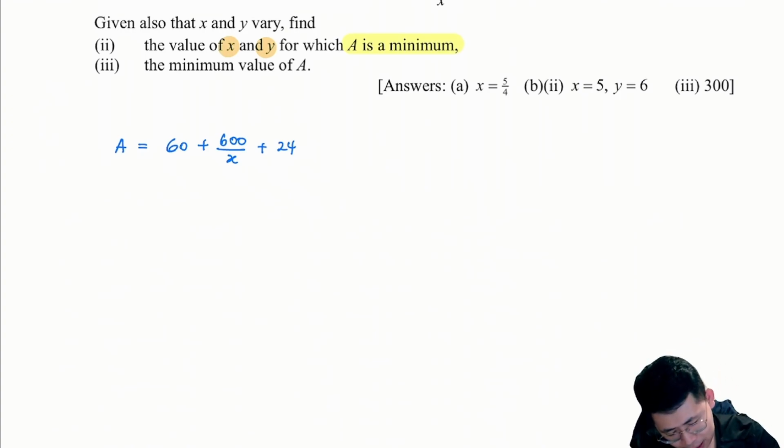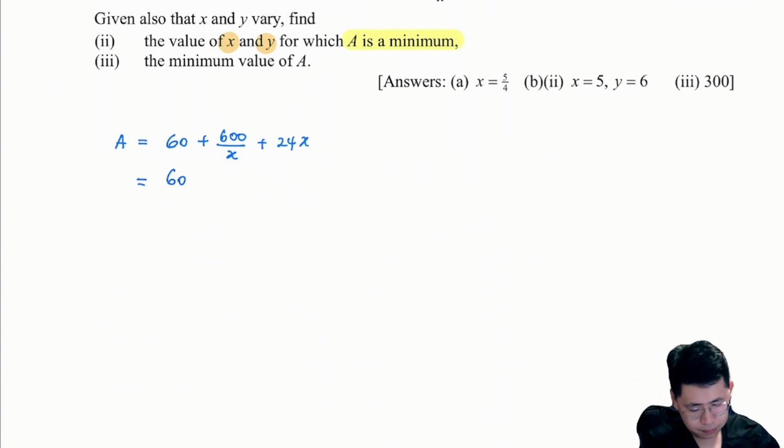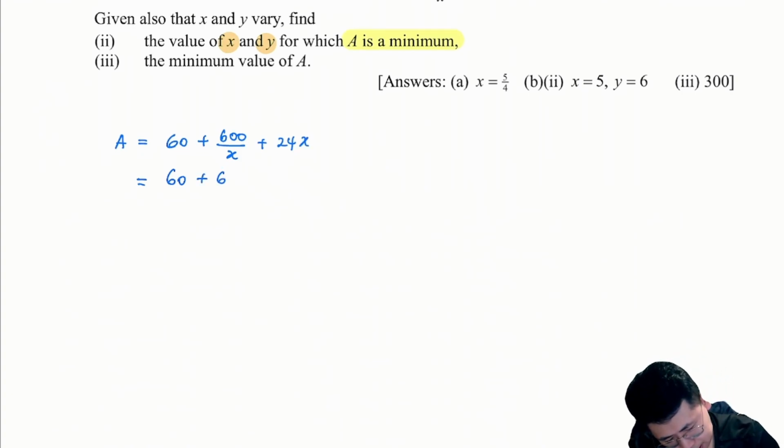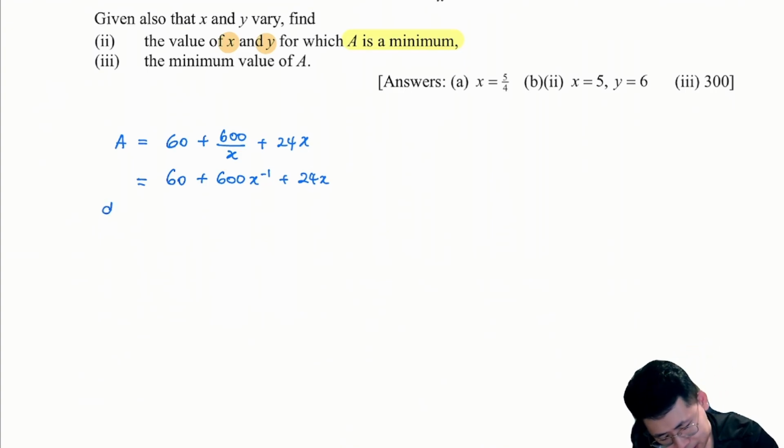Over here, I'm going to write this in a friendly form first. Okay, so 600 times x to the power negative 1 plus 24x. Because I want to look for the minimum point, I need to get dA/dx. Differentiating the constant will be 0, differentiating this, minus 600 x to the power negative 2 plus 24.